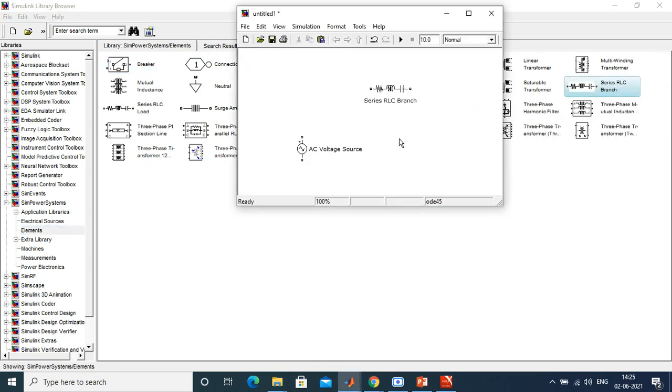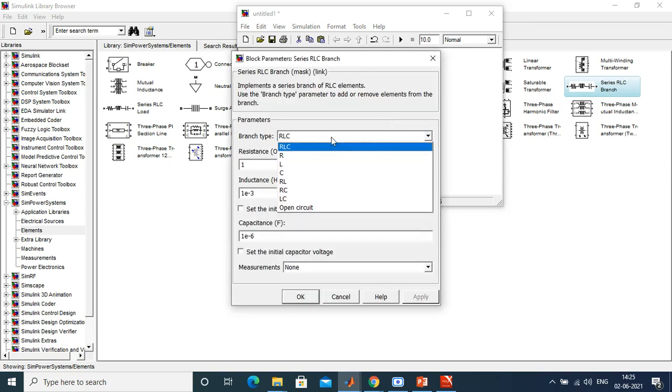Okay. Next, I need to measure current, voltage, and power consumed, active power and reactive power. Clear?